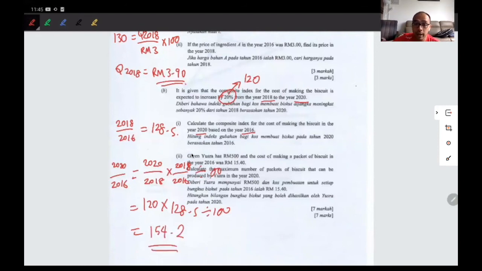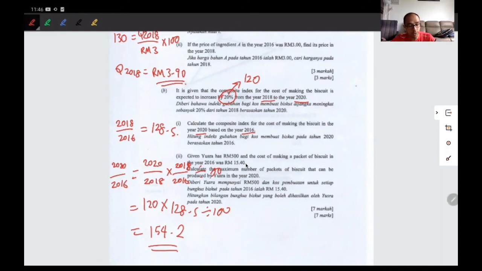Okay, given Yusra has 500 ringgit and the cost of making a packet of biscuit in 2016 was 15 ringgit and 40 cents. Find the maximum number of packets of biscuit that can be produced by Yusra in the year 2020. Okay, so in the year 2016 is 15 ringgit 40 cent.